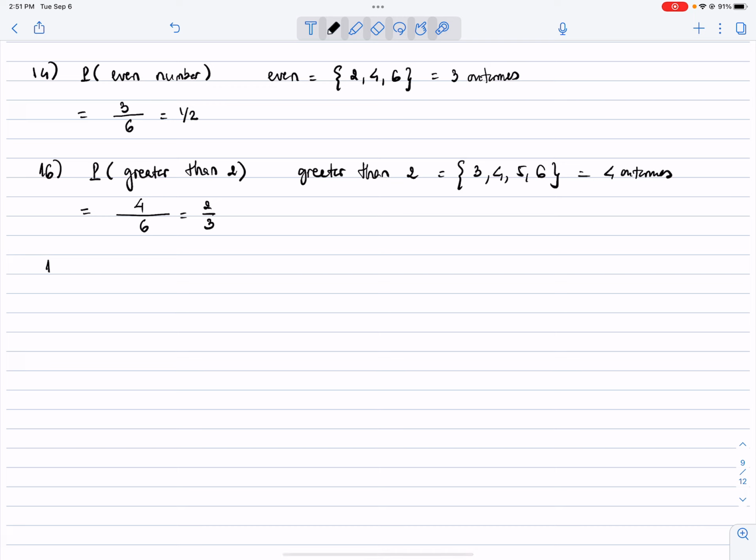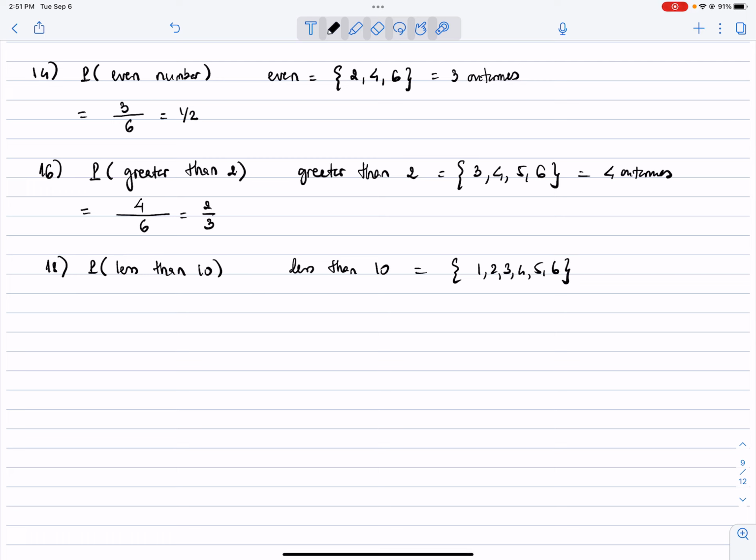Problem 18. What is the probability that we get less than 10? So in the sample space, from 1 to 6, the event less than 10 is 1, 2, 3, 4, 5, 6.